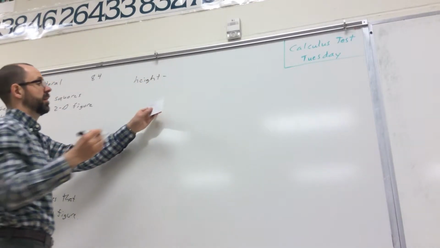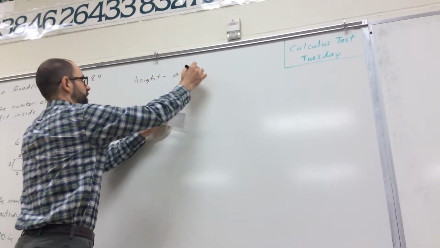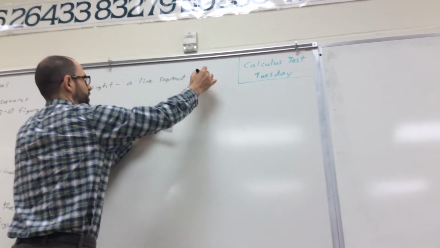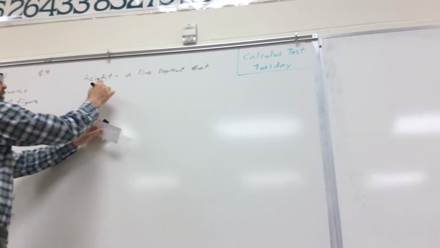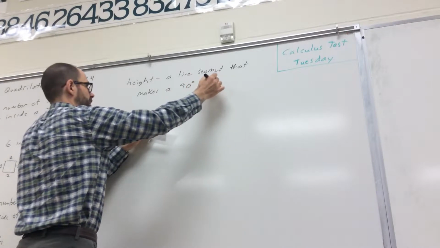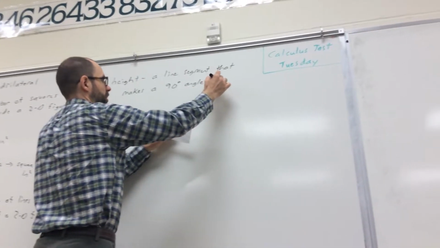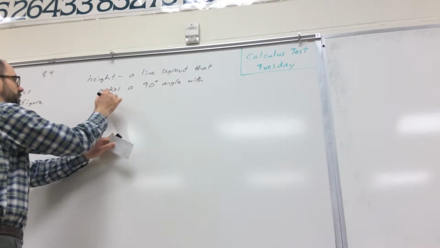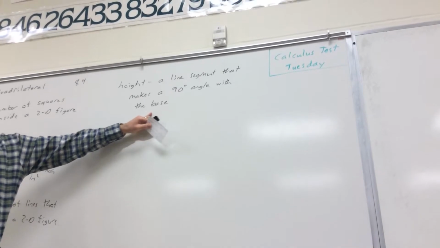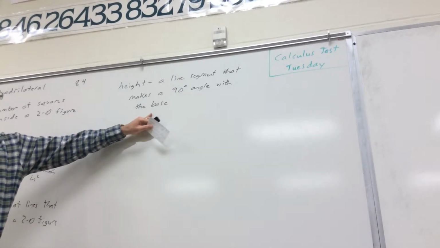A height is a line segment that makes a 90-degree angle with the base. That's what a height is.